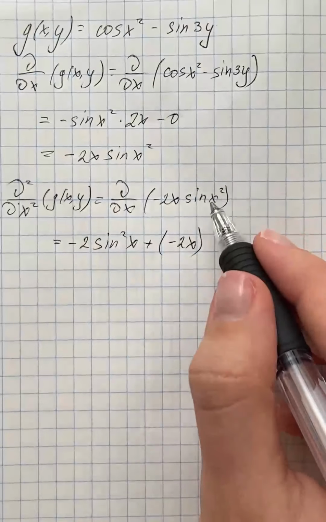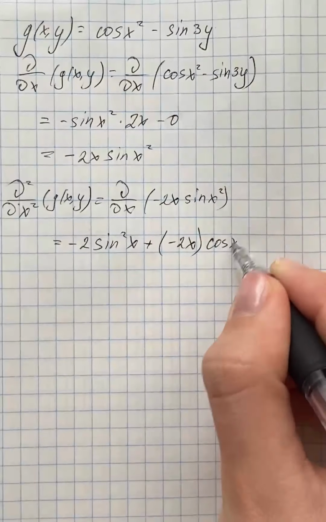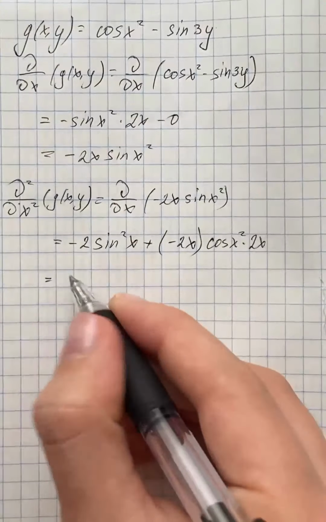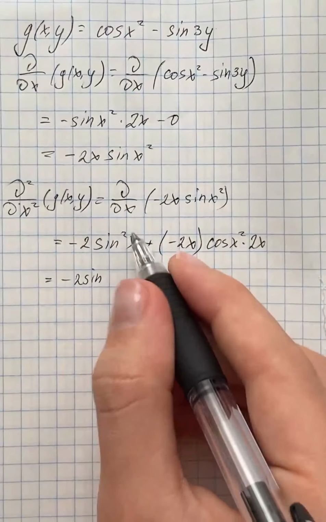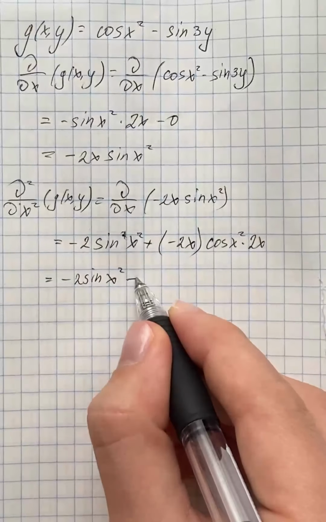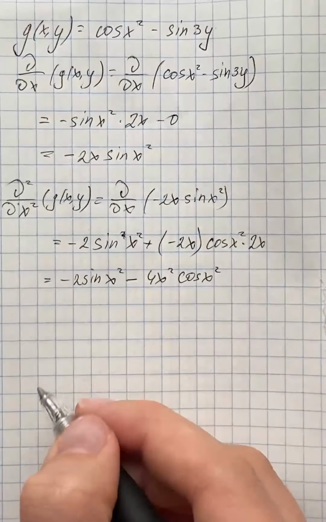And here we're going to use the chain rule. So the derivative of sine is cosine of x squared, times the derivative of x squared, which is 2x. So it's going to be negative 2 sine x squared minus 4x squared times cosine of x squared.